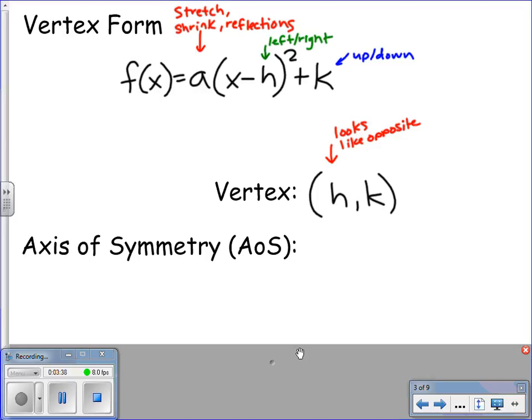You guys all took geometry last year, so I'm curious if you could give me a definition for an axis of symmetry based on your knowledge from geometry. What do you think an axis of symmetry could be? Jackson? A line of symmetry, and can you tell me what the line of symmetry would be?